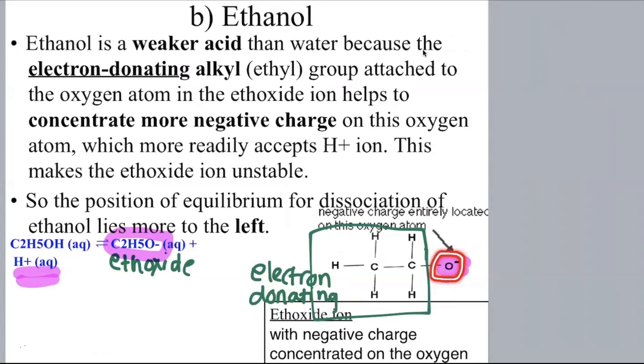It attracts the hydrogen ions stronger. There is a stronger attraction between the hydrogen ions and the oxygen ion. Therefore, they will combine with each other to form the undissociated acid. So here you have more association, less dissociation.